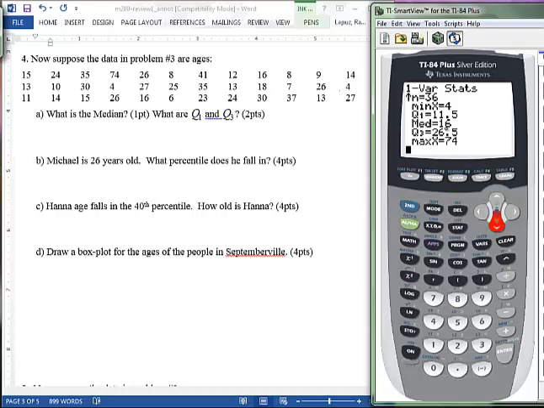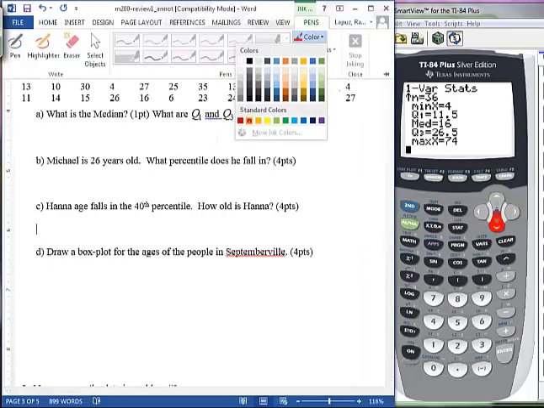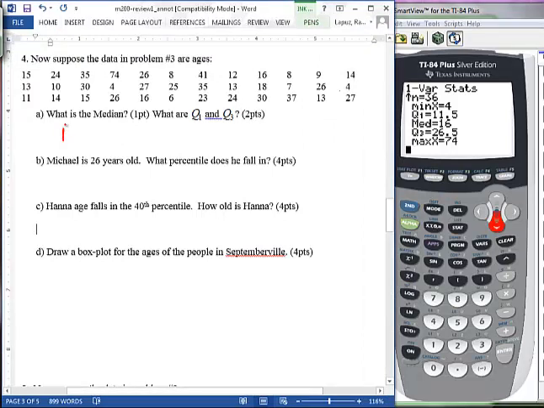The median is 16. The Q1 is 11.5. By the way, you would get Q1 if you take half of the 18 and then find the middle of that when everything is in order. Q3 is 26.5.